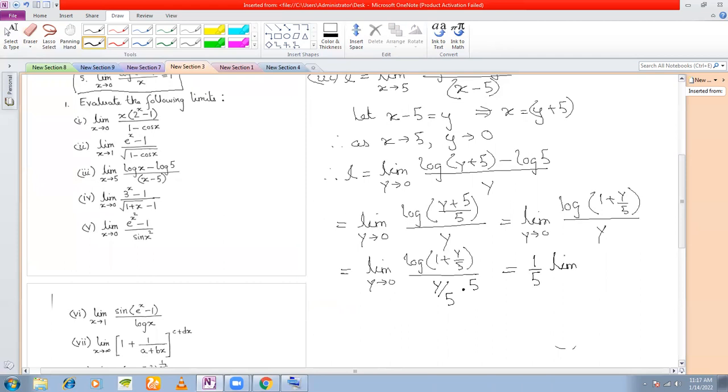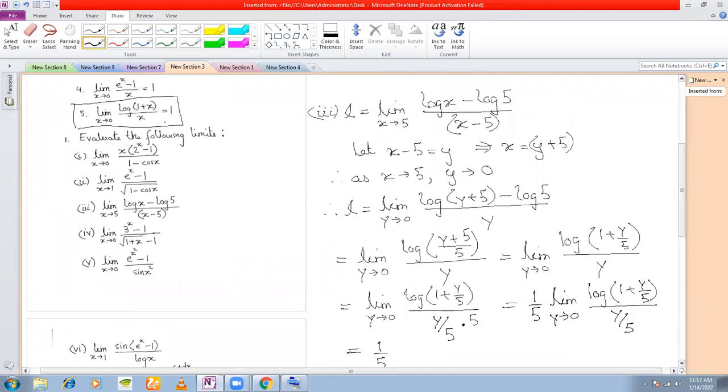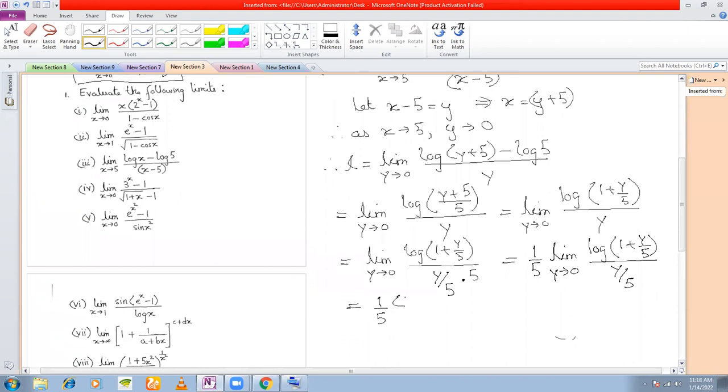Write this as limit y tends to 0 log 1 plus y by 5 divided by y by 5, right? Now this is a standard limit here. So I get 1 by 5 into, what is the value of this limit? Log 1 plus x by x, it is 1. So this is equal to 1 by 5 into 1, which is equal to 1 by 5. And that should be your answer.